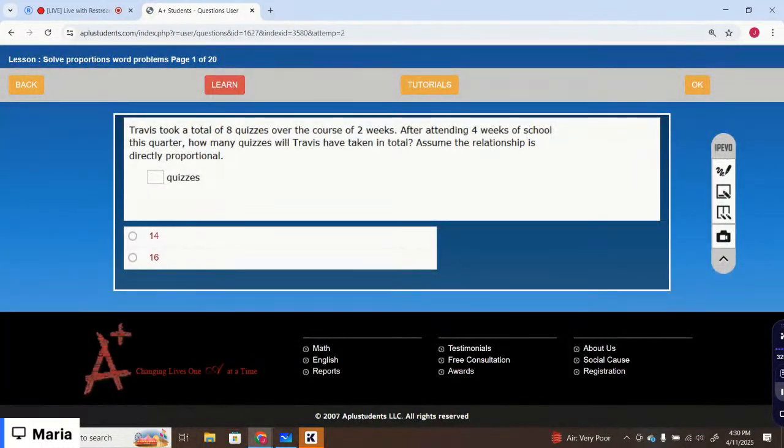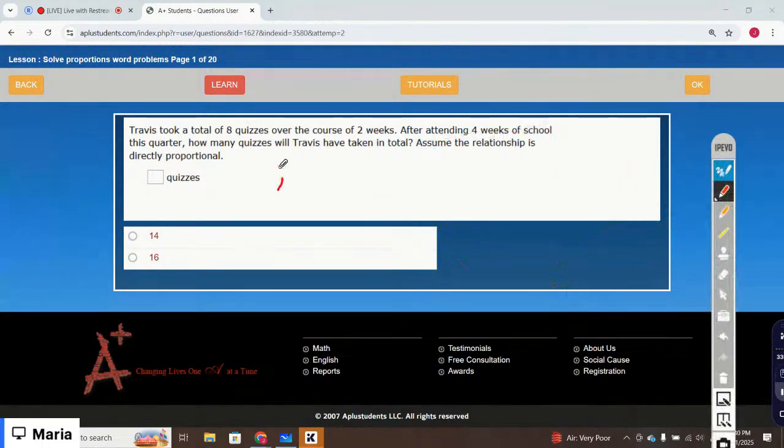Travis took a total of 8 quizzes over the course of 2 weeks. After attending 4 weeks of school this quarter, how many quizzes will Travis have taken in total? Assume the relationship is directly proportional. So 8 quizzes over 2 weeks, right? So then how many quizzes over 4 weeks? We need to calculate, for example, x.